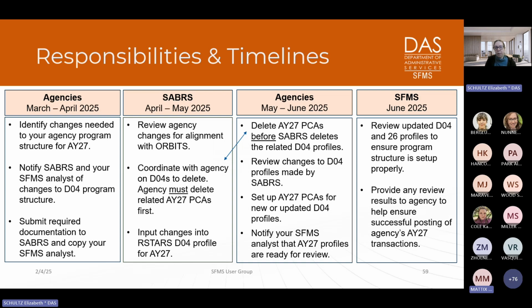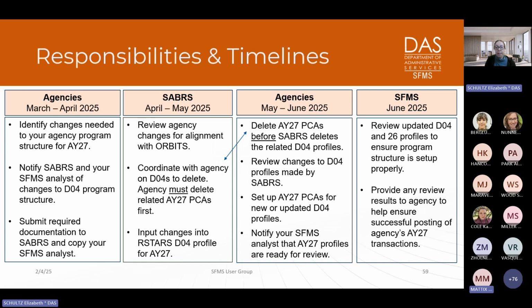Once you have that information, notify Sabres and SFMS that you plan to have changes, and you would submit the required documentation to Sabres and copy your SFMS analyst. April and May, Sabres is working with agencies to review those alignment spreadsheets, make sure all the information is correct.